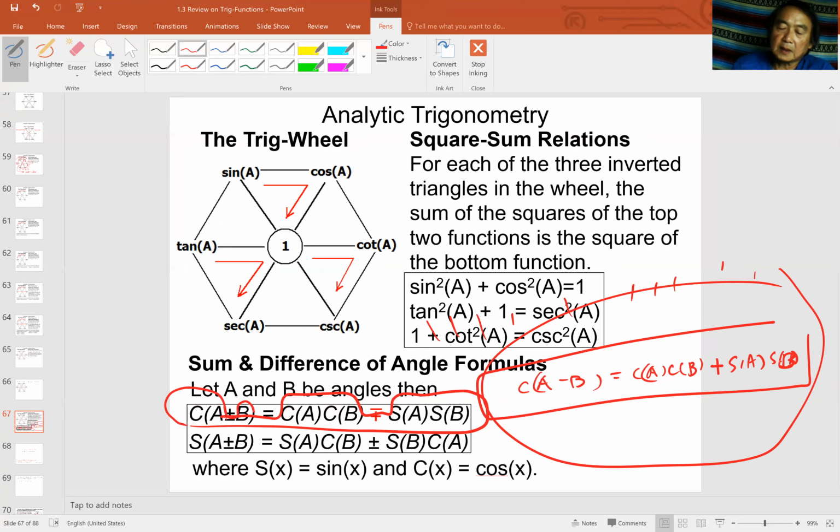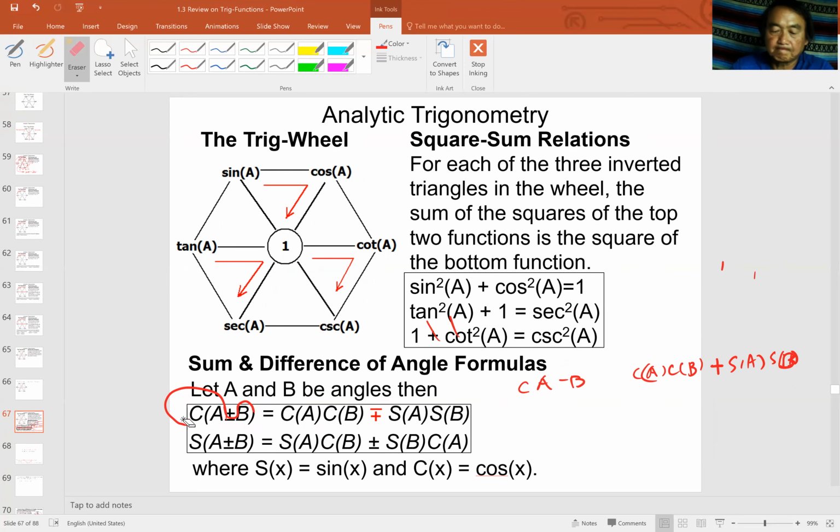This formula gives rise to all the rest of the formulas, all the other formulas.